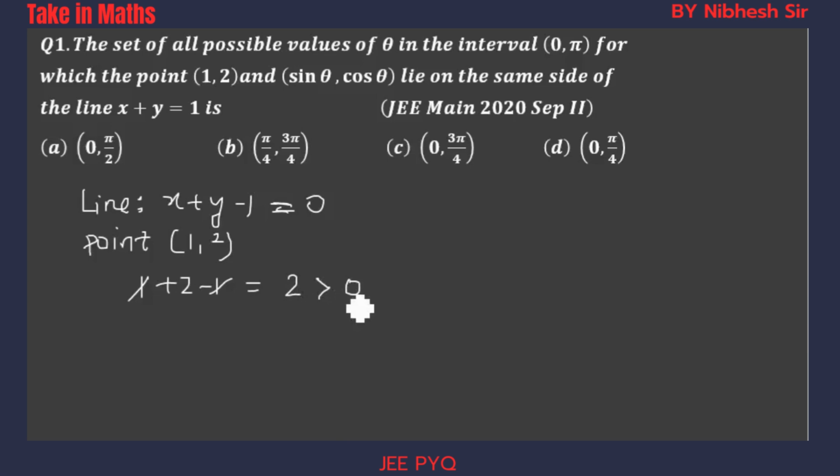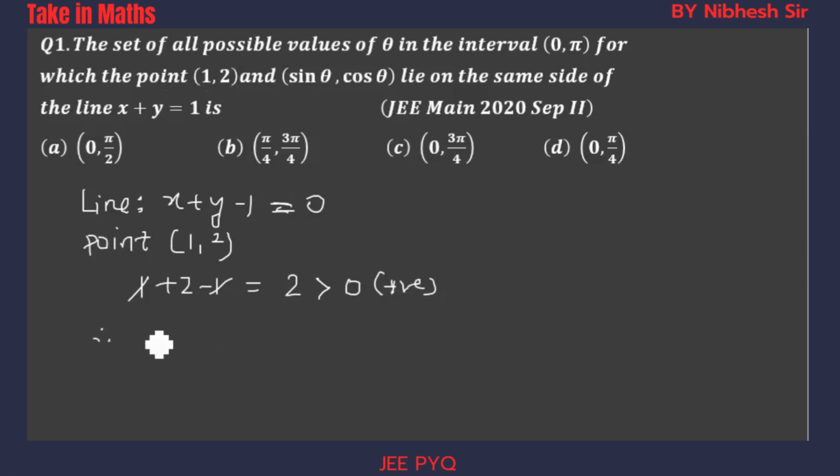So this is positive. So when we put the point (sin theta, cos theta) in the equation, that will also be positive, because both points lie on the same side. Same side means same sign.